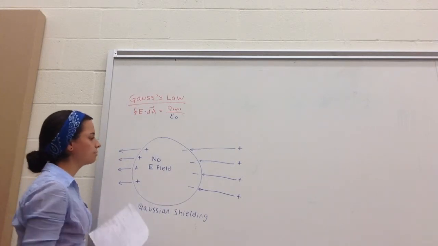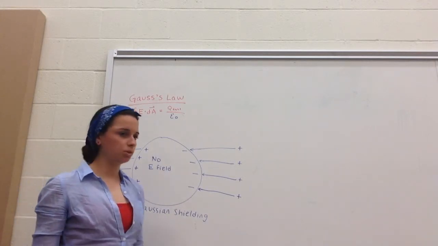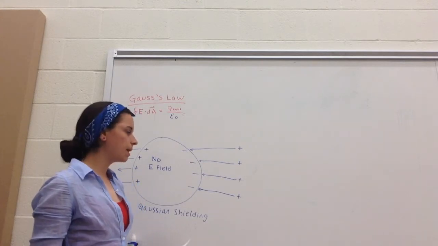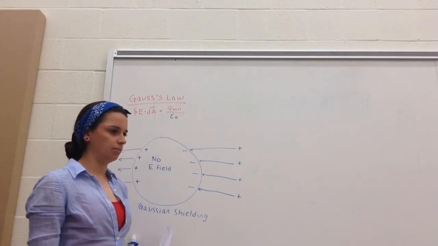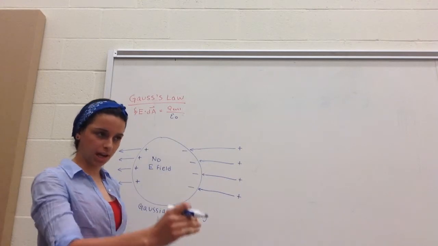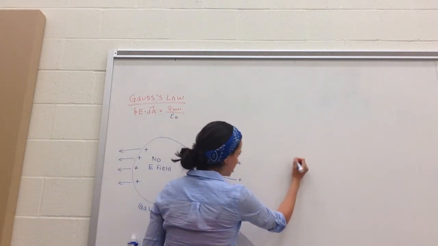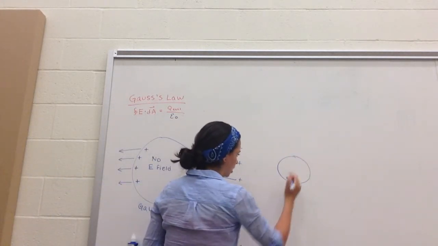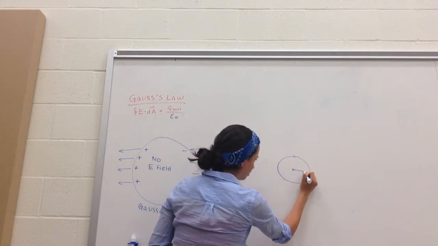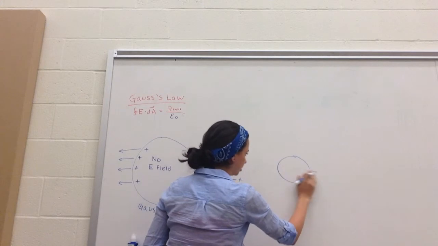Okay, if you have a sphere with uniform or non-uniform charge density, and you're asked to find the electric field on a point outside of that sphere, so say that this is your sphere, and this is R. Let me write that a little bigger.